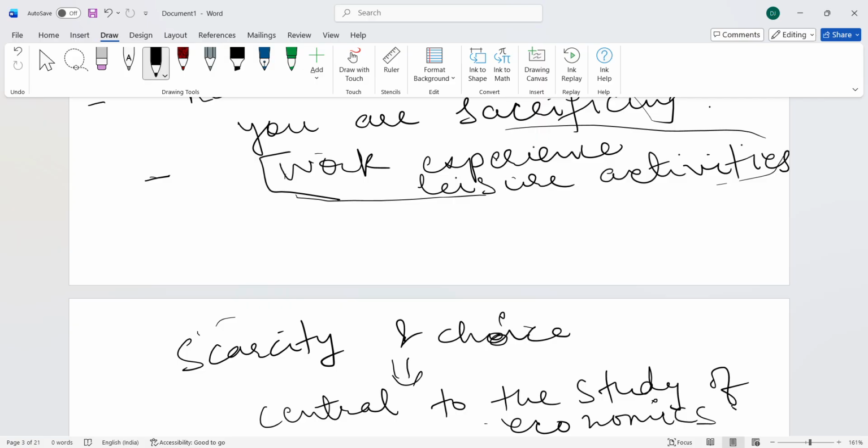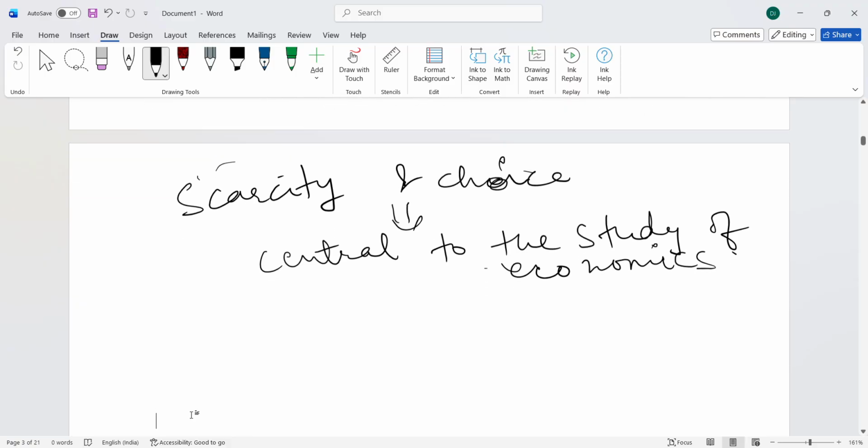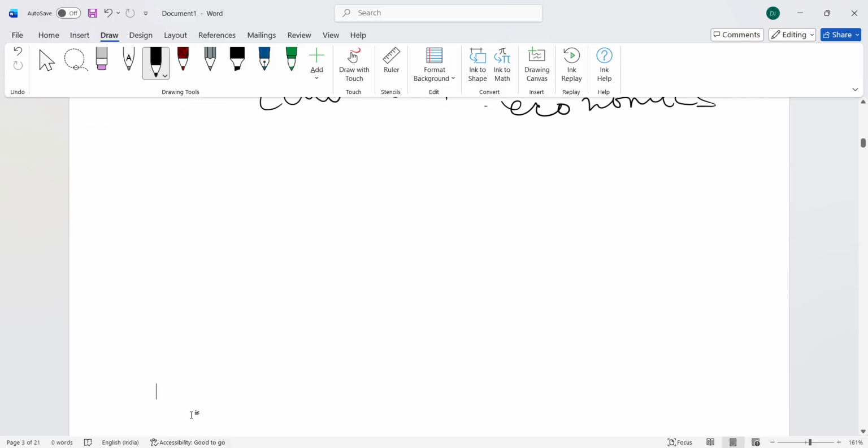Another idea that's related to scarcity and that I really want to take up is scarcity and rivalry. These two ideas are very closely related.